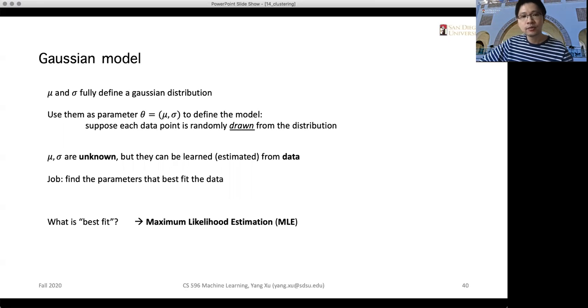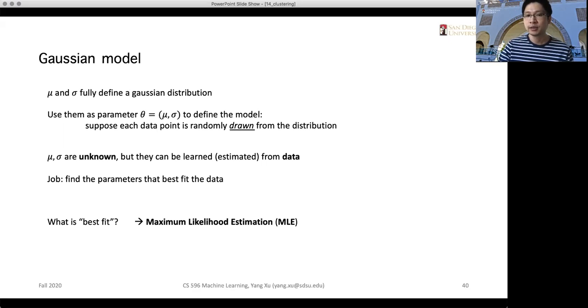Okay, so in this case of the Gaussian model, we will use the well-known technique called maximum likelihood estimation. We have touched on this before in the logistic regression model when we provided a probabilistic view of logistic regression, right?